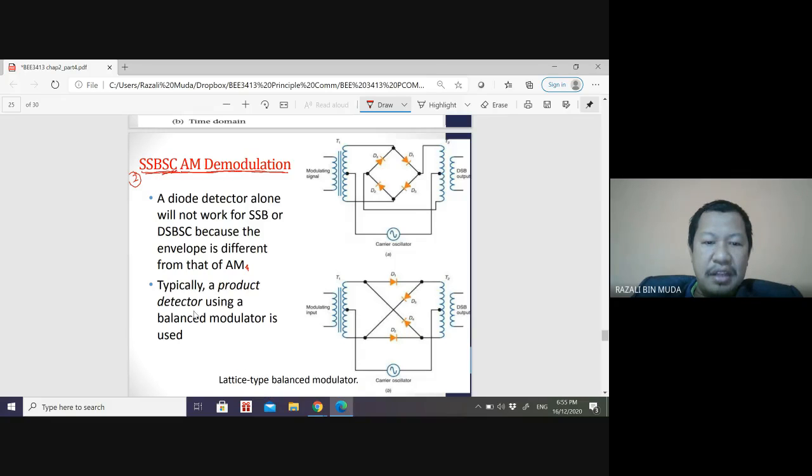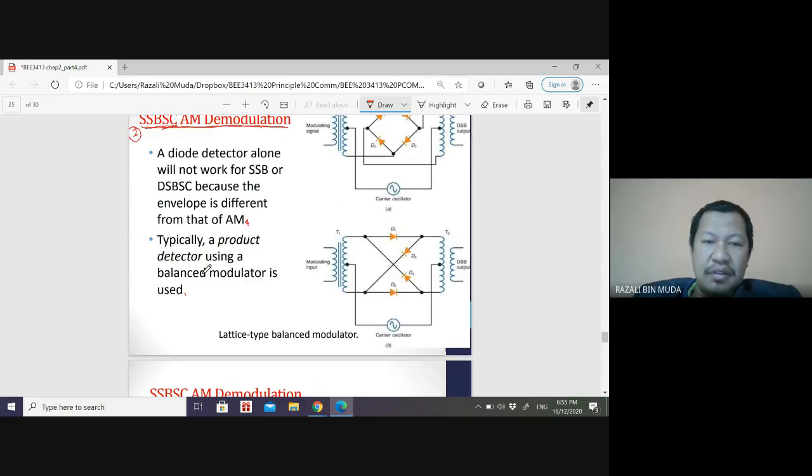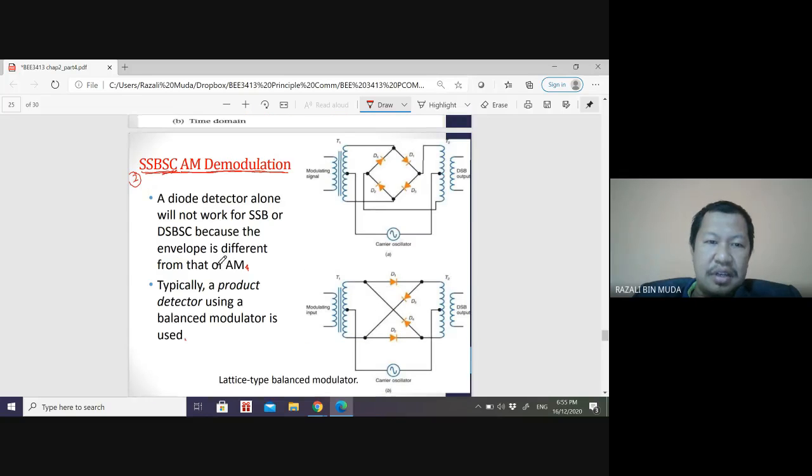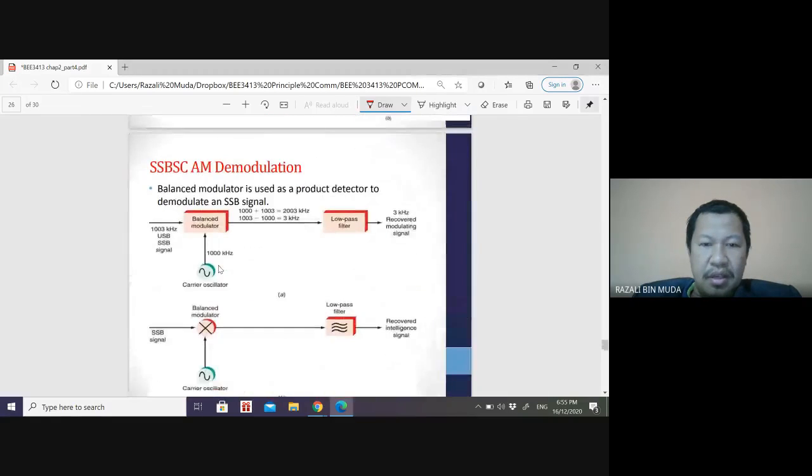Typically, a product detector using a balanced modulator is used. You can search yourself for details about this single sideband suppressed carrier AM demodulation circuit. Basically, the single sideband signal goes into the balanced modulator, and then into the filter.